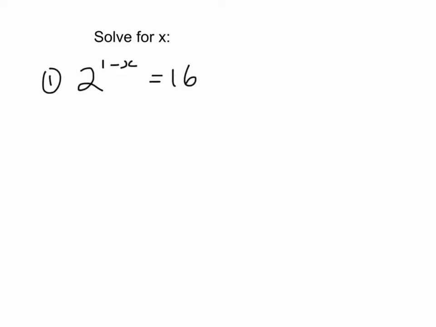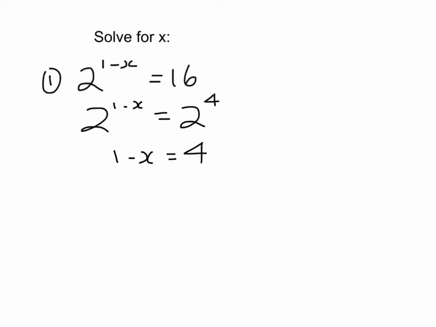Here's our first example. This is one where you can write 16 as 2 to the power of something. So we can write 16 as 2 to the power of 4. Now the left hand side was just the same. And you can see that now that we have the 2 as the common base, you can equate the indices. So let's make them equal. 1 minus x equals 4.